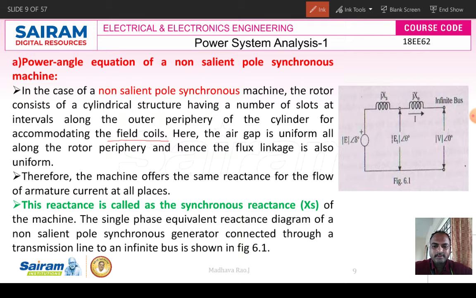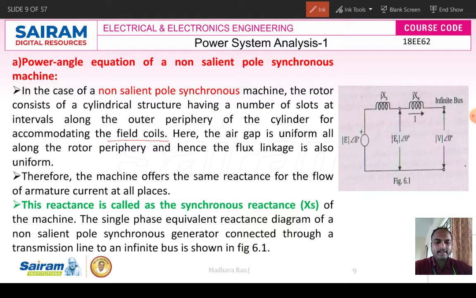Therefore, the machine offers the same reactance for the flow of armature current at all places. Since it is a uniform air gap, uniform magnetic flux will be rotated, so the reactance will be the same in all places.